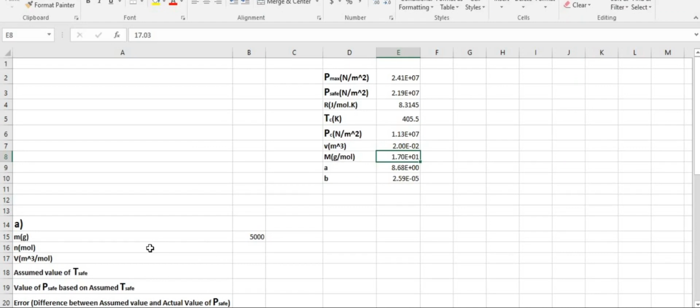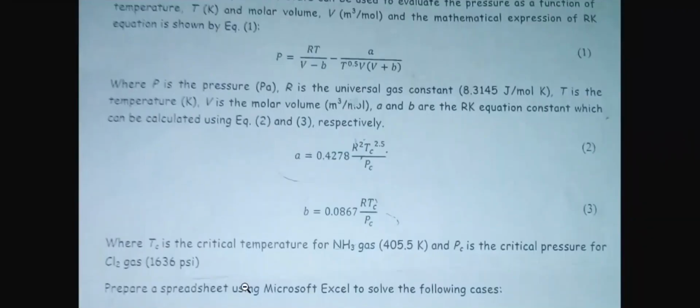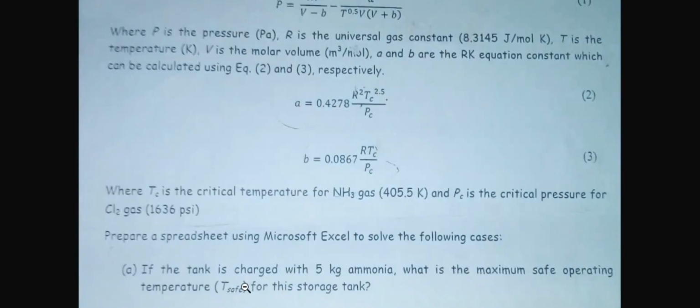So we can create a space for number of moles and then get our number of moles as equal to reacting mass, which is 5 kilogram, which is the same as 5,000 gram, divided by our molar mass. Press enter. Then our capital letter V, which is the molar volume, will be equal to our volume of ammonia divided by the number of moles, giving us this value.